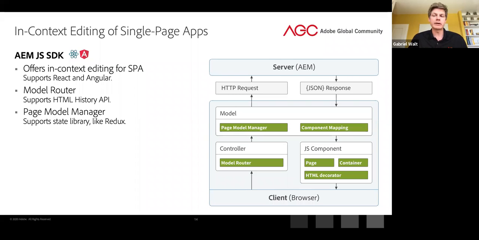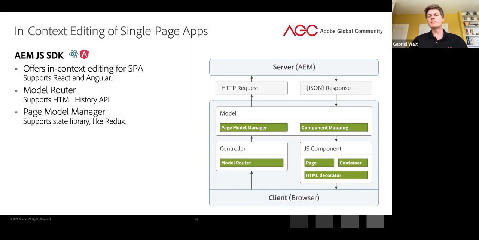You need to have a dialog definition for that component in AEM, and you have a node in the content resource tree. In the JCR content, you have a node for that resource. And so that needs to be mapped to a JavaScript component, which is responsible for rendering that JSON, and it will pass it to that component.